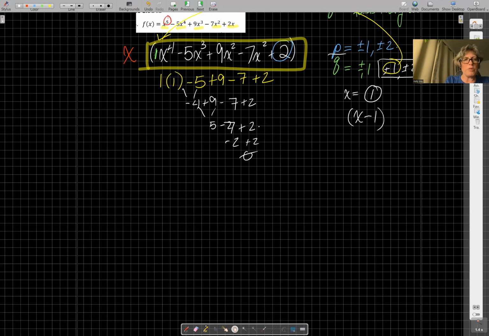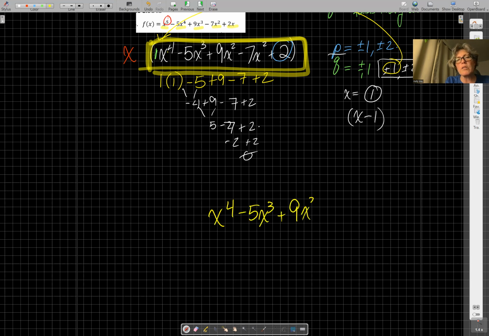So I'm going to take this right here, I'm going to do this in yellow, and x to the 4th minus 5x to the 3rd plus 9x to the, excuse me, it's 9x to the 3rd, right?